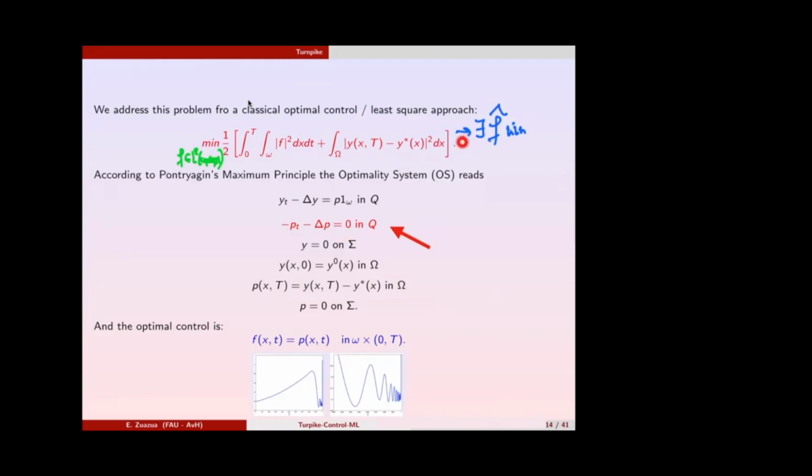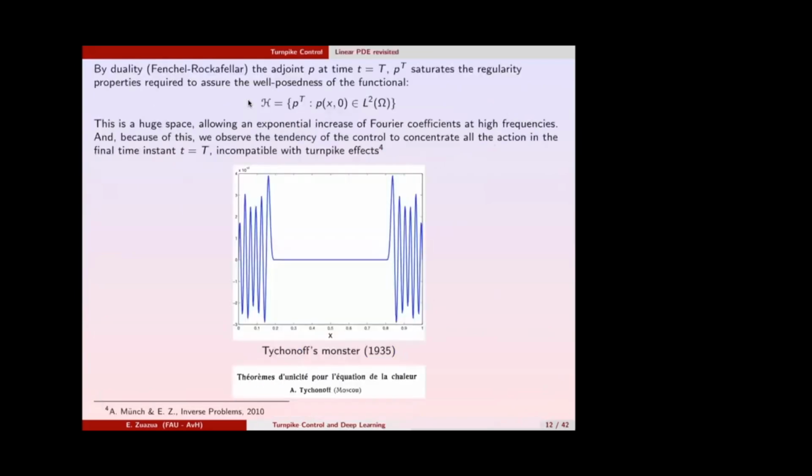And independent of which solution of the adjoint I get, because this is the structure of the system, I know that the adjoint will have this shape. Why? Because this adjoint heat equation does, in the backward sense, precisely what the solution of the heat equation does in the forward sense, so that P will be much larger in the end than it was in the beginning. So I will not see the Turnpike principle, okay?